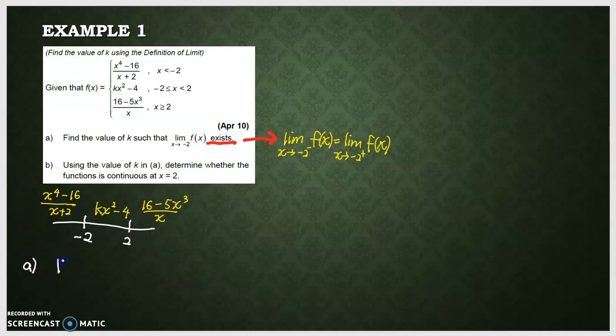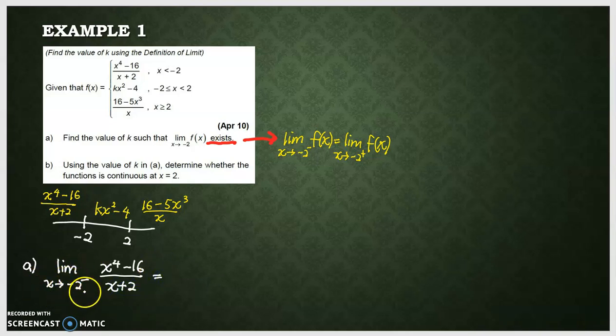So the limit when x approaches -2 from the left hand side. So from the left hand side is this function, x to the power 4 minus 16 over x plus 2.